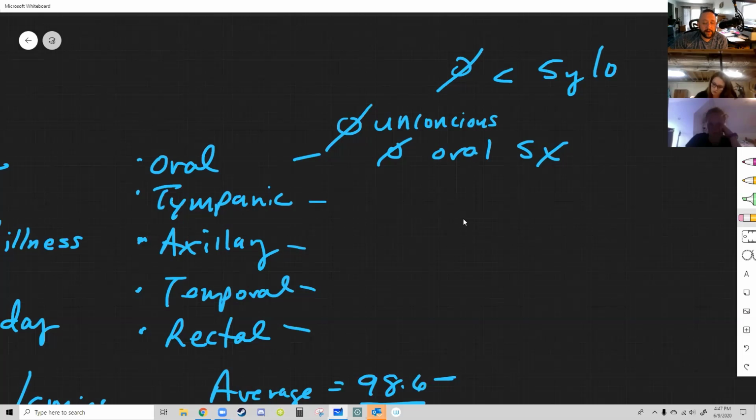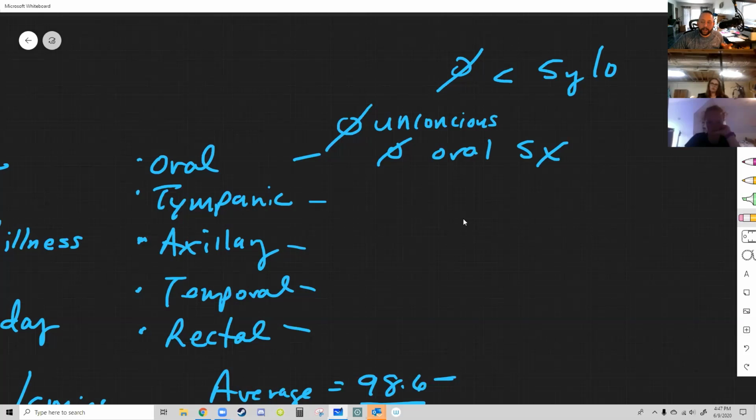If they've drunk or eaten anything within the last 20 minutes, you don't want to take an oral temperature, because even room temperature water will lower it enough to be way off. So no eating or drinking within 20 minutes before you take an oral temperature. The book says 10 to 20, but I'm just going to call it 20.